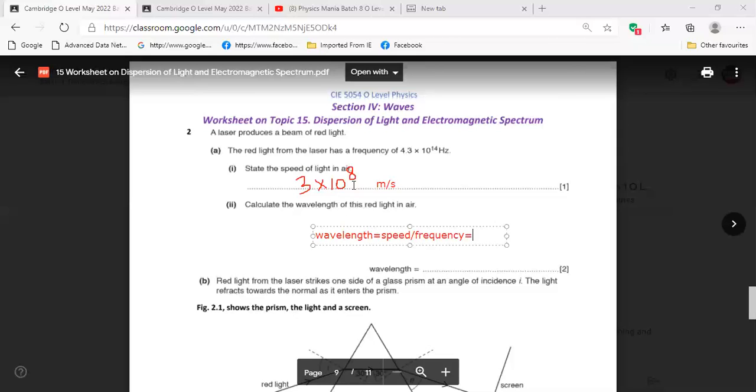Farabi, you also calculate and check the answer is matching or not. You also calculate and tell me the answer. What is coming?